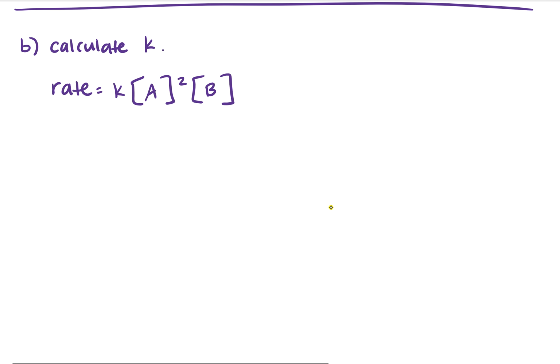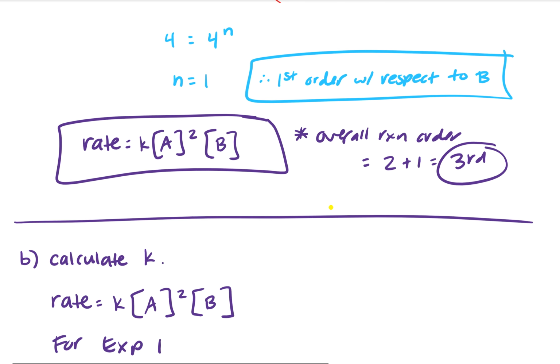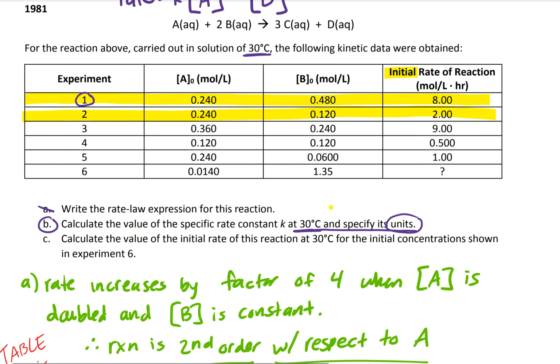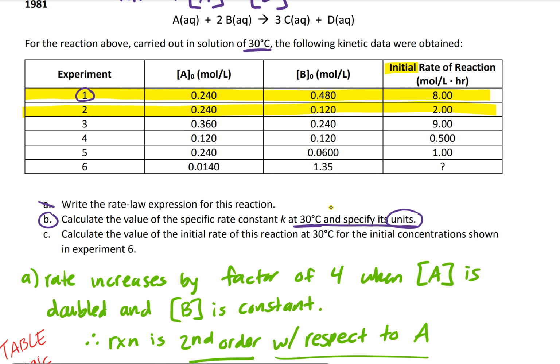So I know that this is our rate law, also known as our rate expression. I'm going to plug in everything that I know for experiment number 1 into our rate expression. So the rate for experiment number 1 is 8 molarity per hour.